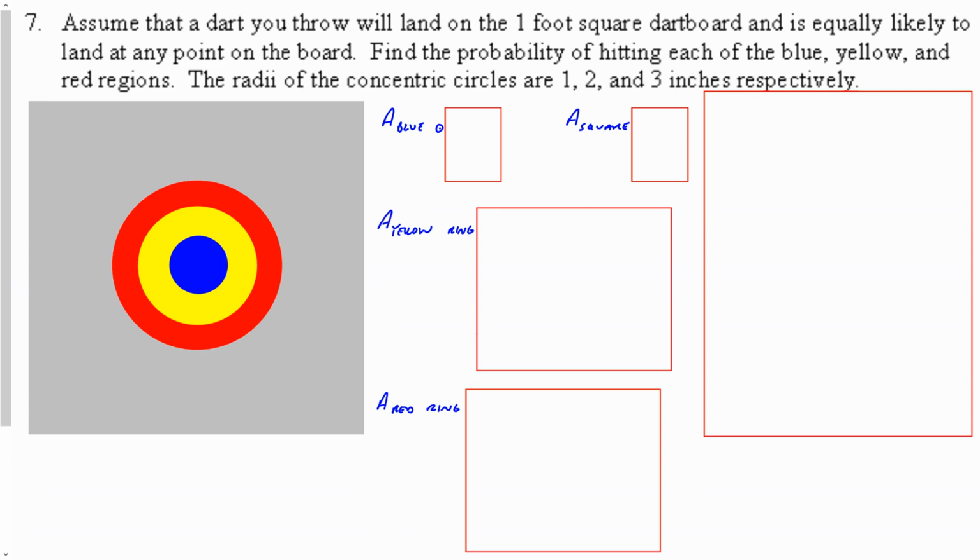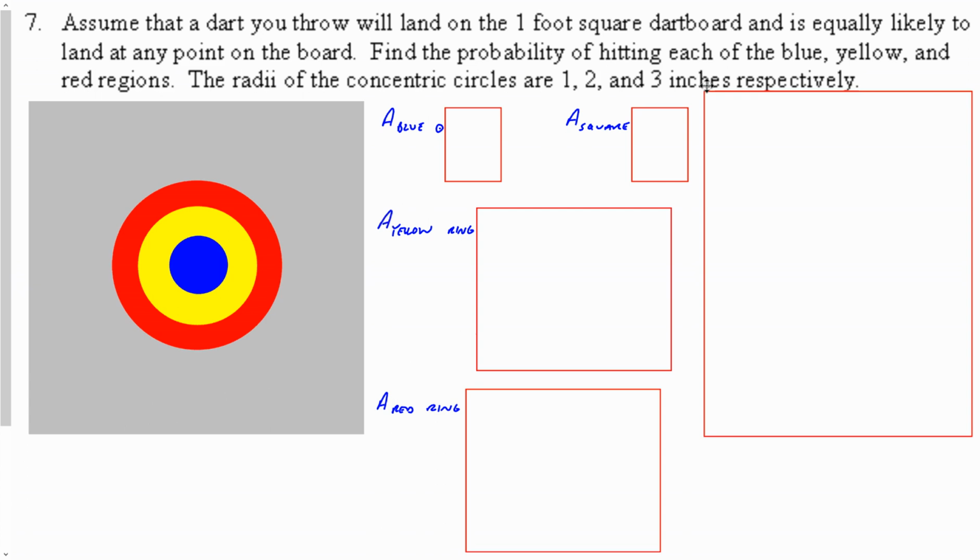So our job is to find the probability of hitting the blue, yellow, and red regions individually. And then it gives us the radii of these concentric circles are 1, 2, and 3 inches respectively. So what this tells me is that, first of all, I've got a lot of information I need to put into my diagram. And I do need to notice that I have a 1-foot square, but my radii of my circles are given in inches.